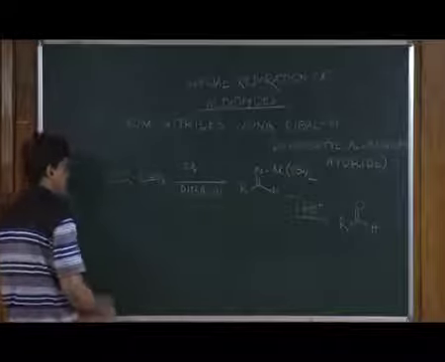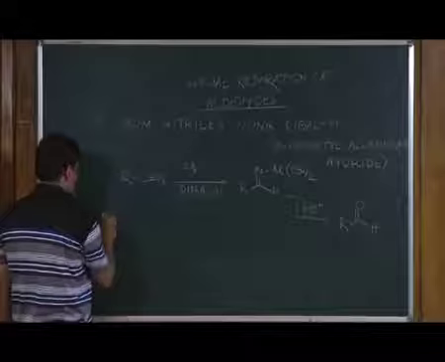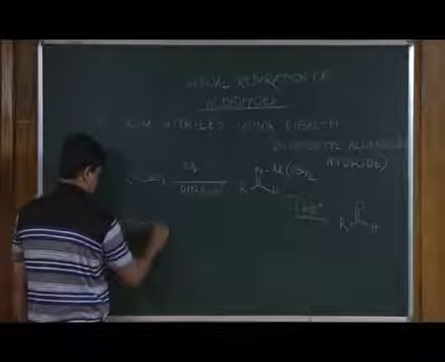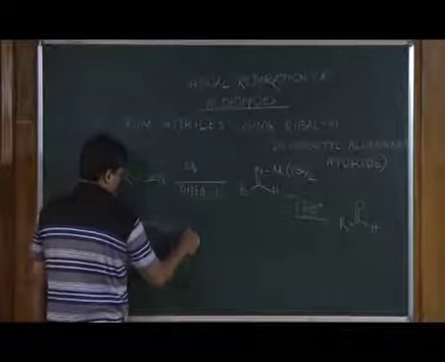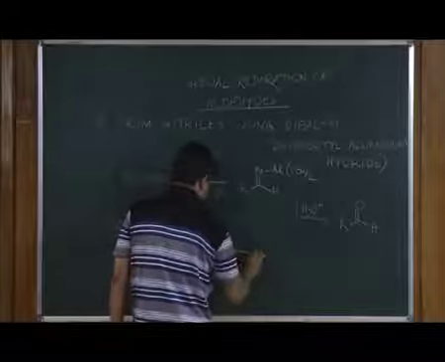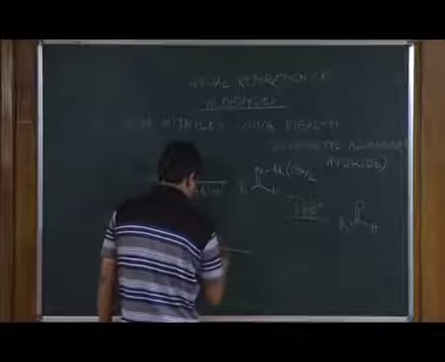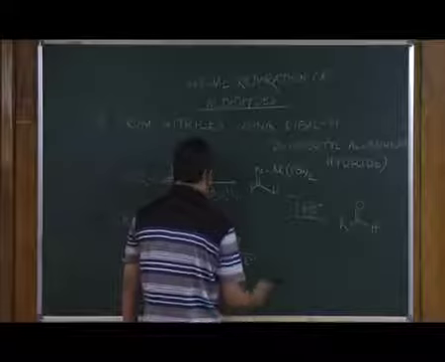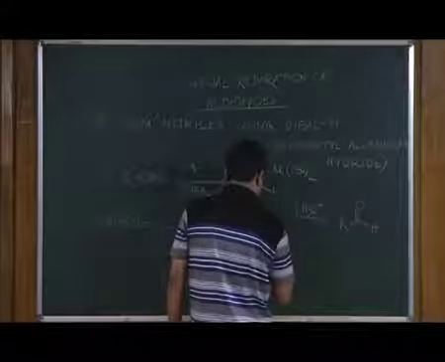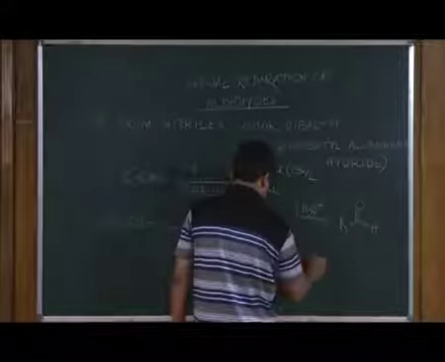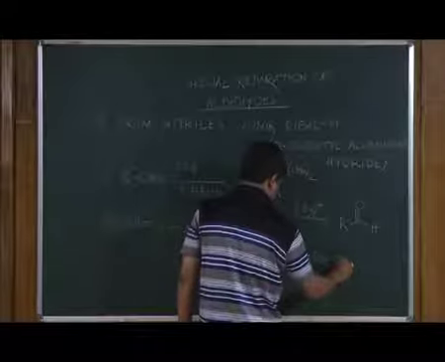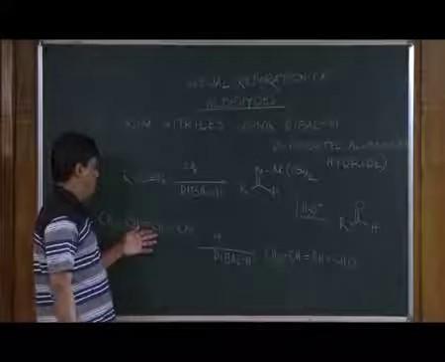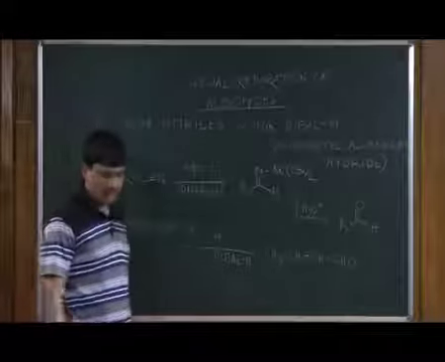This is an important synthesis because if you have an alpha beta unsaturated nitrile, this also selectively gives the aldehydes. There is no reduction of the double bond.